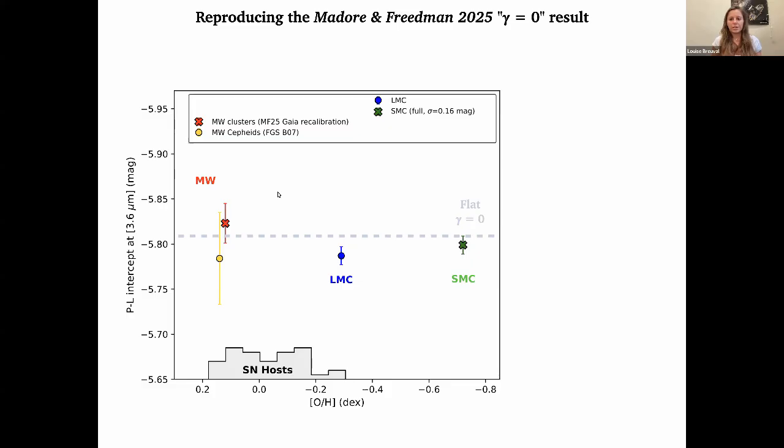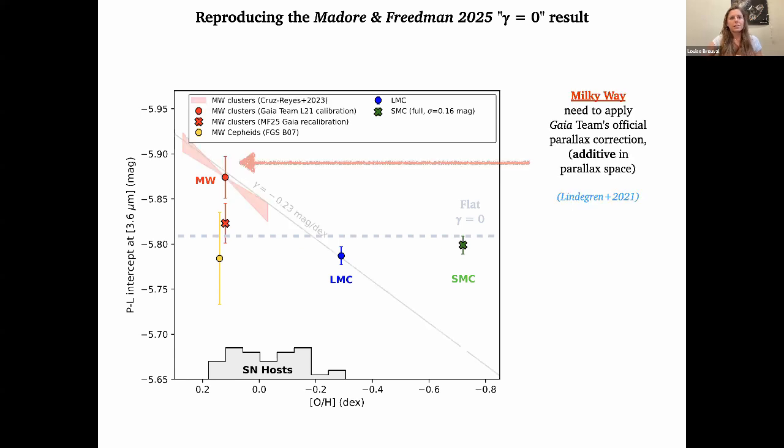But instead of using the official Gaia parallax, they adopt a magnitude offset to match the scatter of a previous PL relation shown in yellow here, based on FGS parallaxes on HST from 2007. So what we do is we adopt the same sample, but instead of this magnitude offset, we correct it with the official Gaia correction, which is additive in parallax space.